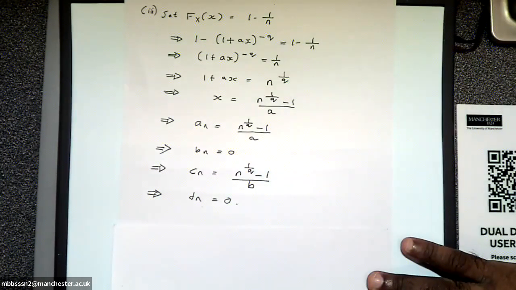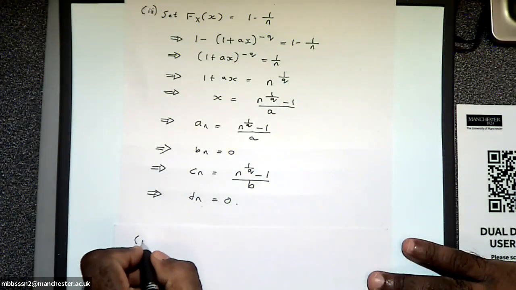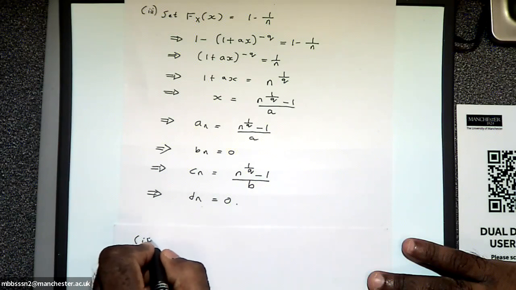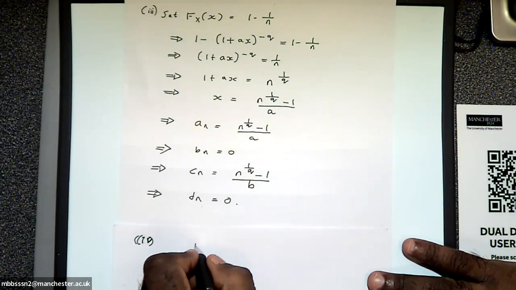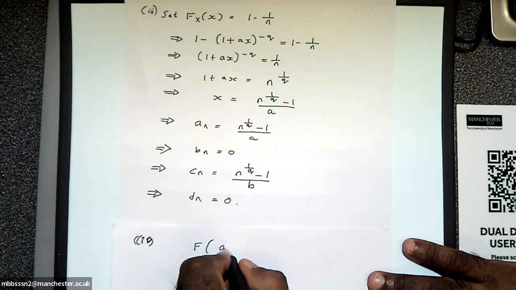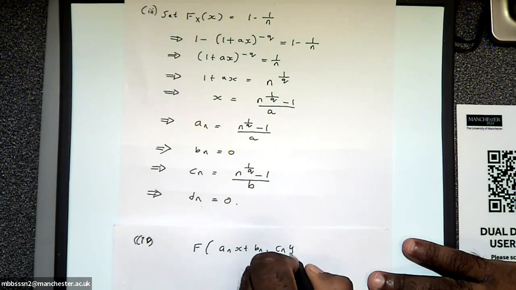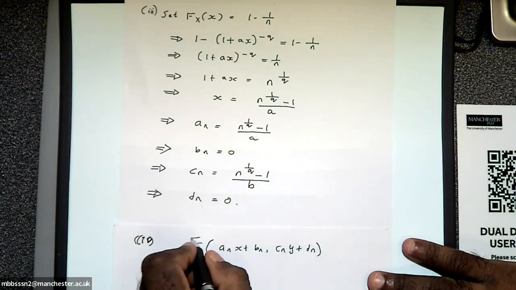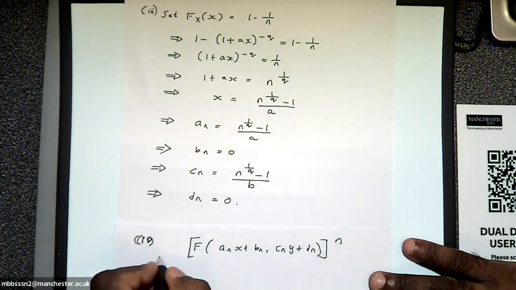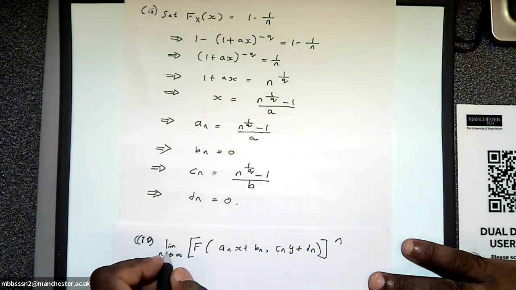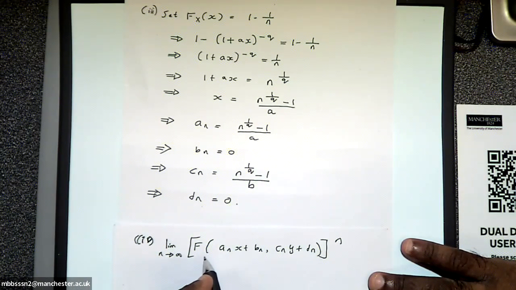So in order to figure out the limit of this as n goes to infinity, we need, because we don't know what f is, because we are only given f bar, not f.